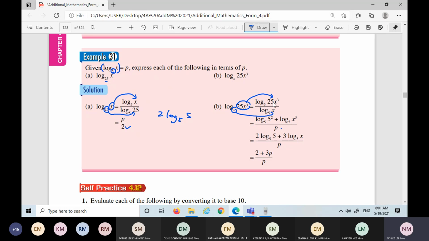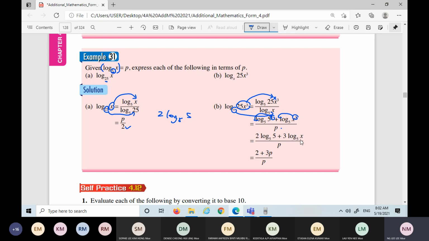Then this one you have to do some more. This one in between is a times, so break it into two logs, still log base 5, and it becomes plus. The 25 write as 5 to the power 2, and the power 2 drag in front. This one power 3 drag in front.